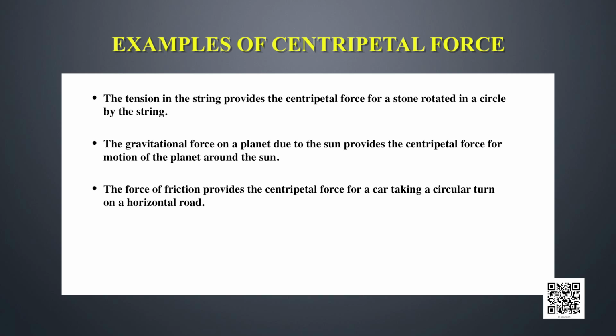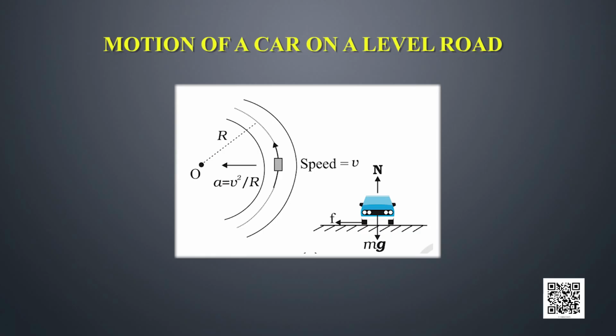The force of friction provides centripetal force for a car taking a circular turn on a horizontal road. Let's now take the specific example of a car taking a turn on a level road. Here in this diagram, you can see a car on a level road. R, capital R, denotes the radius of the circular path.